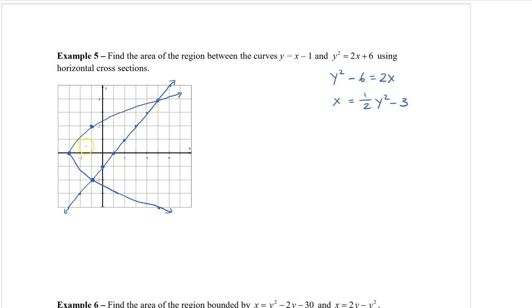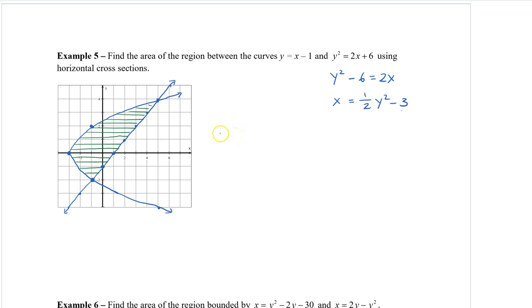So if we do it this way, I'll have to add up two different integrals. So if I draw horizontal cross sections, you will notice that my left side always touches the parabola, and my right side of these lines always will touch the line. So by doing this, I need to only use one integral, which I think will be a little bit easier.